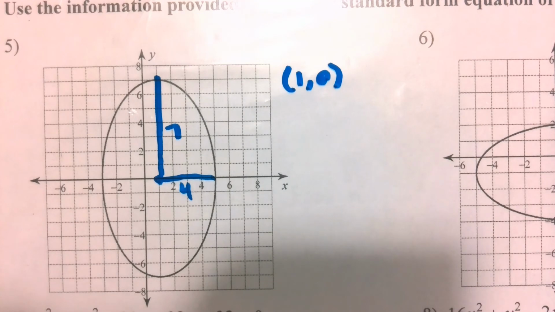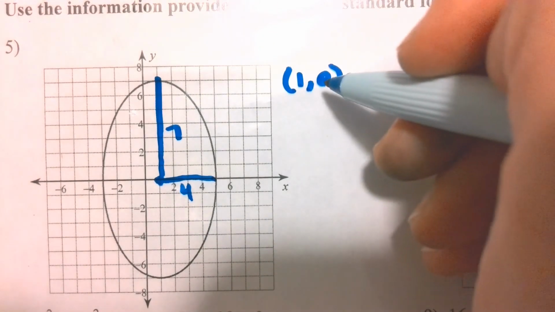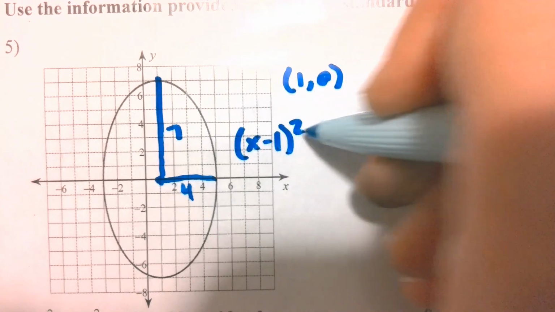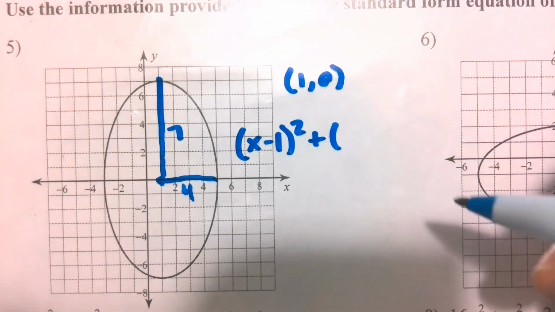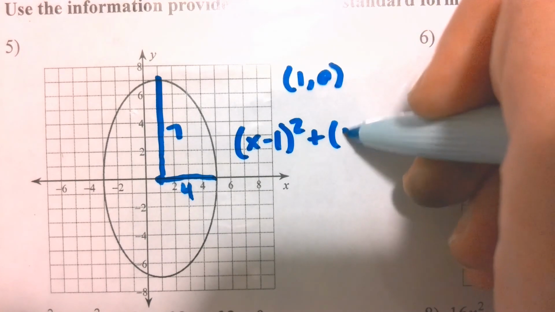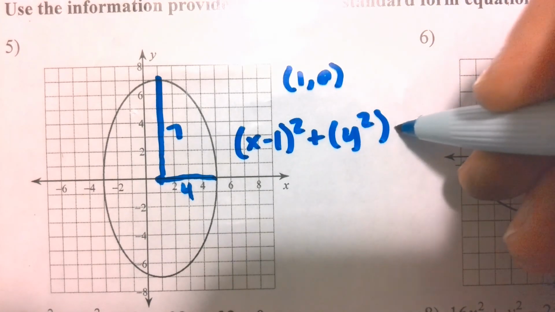And then the only other piece that we need for our equation is this 4 and 7. I don't necessarily need to know where those vertices and co-vertices fall. So now that I have my center, I have that x minus 1 squared plus y minus 0 squared. So technically you can just put y squared, that's fine too.